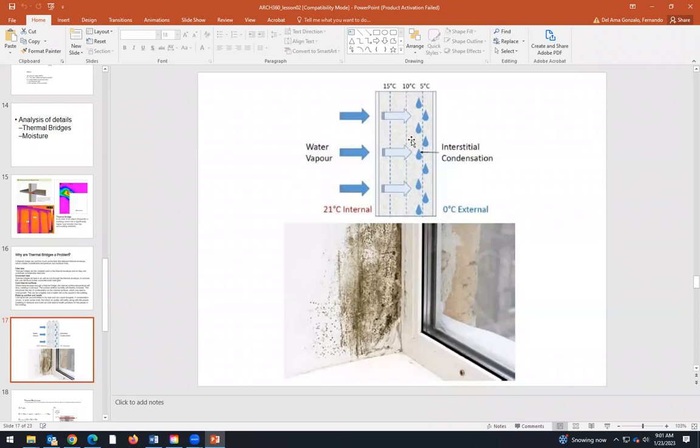At some point, it condenses, and this water starts here. The mold starts within the wall, and then little by little it goes towards the inside, and it shows up here. But when we can see the effects of this inside, that means that the rest of the envelope, the rest of the wall, is already damaged.